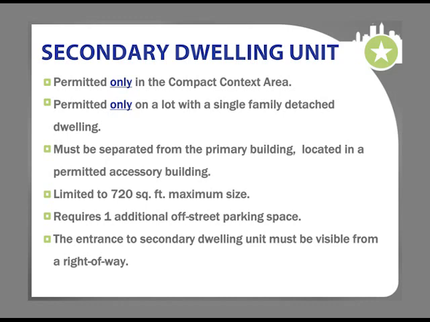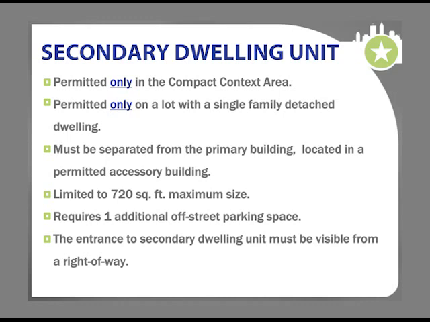It's characterized more often than not by linear or a grid street structure, smaller lots, a mix of uses, often served by alleys. It generally coincides with the parts of Indianapolis that were developed prior to World War II. So the only place where the secondary dwelling unit is permitted is in the compact context area. It's also permitted only on a lot with a single-family detached dwelling.